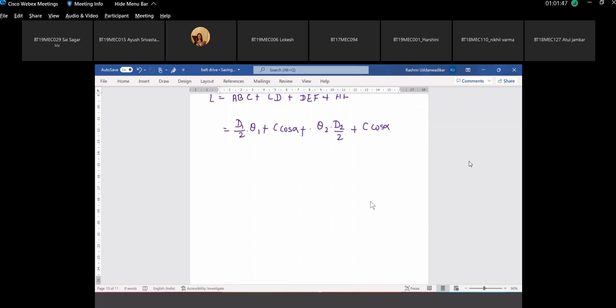And we also know that theta 1 is equal to pi minus (d2 minus d1) by 2 by C, not 2. And theta 2 is pi plus, which again comes from the same derivation or from the same figure.